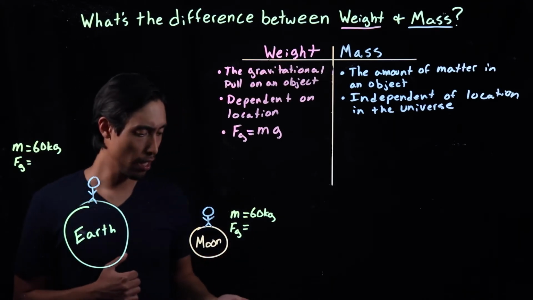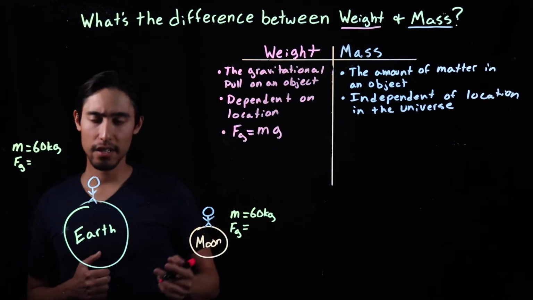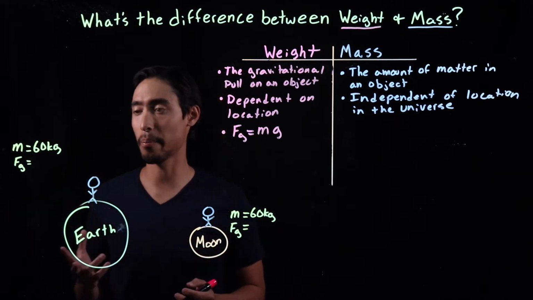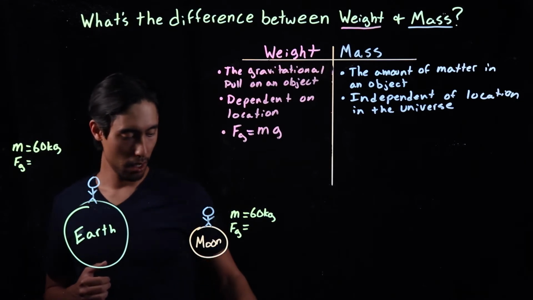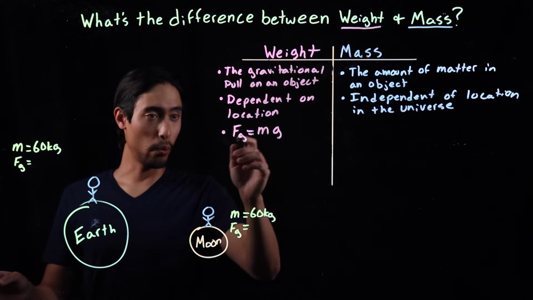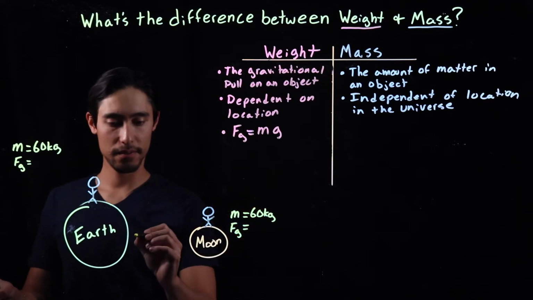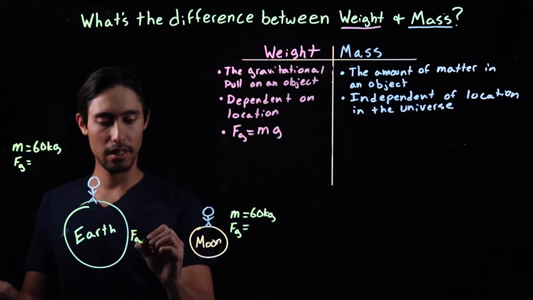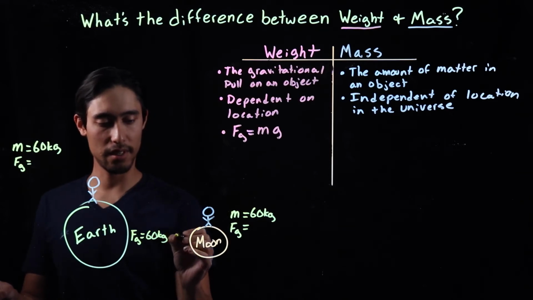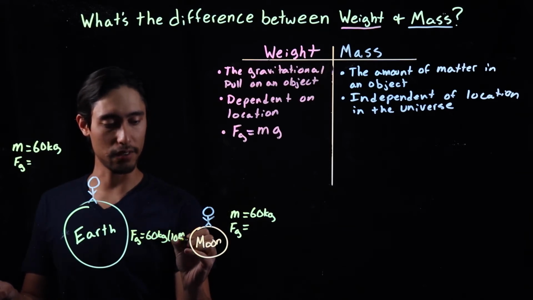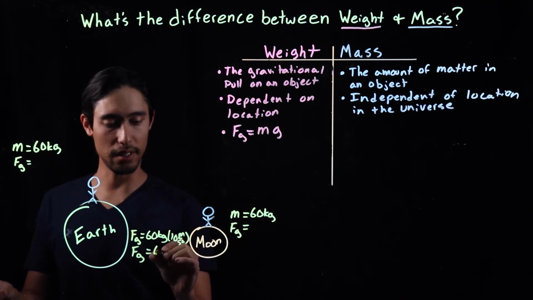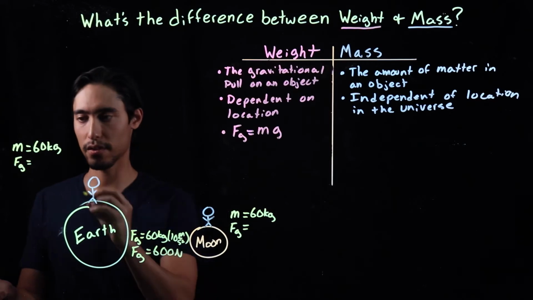Okay? And so let's calculate your weight here on Earth, and let's pretend that your mass is 60 kilograms. So the force of gravity, or weight, is mass, 60 kilograms, times 10 meters per second squared, so your weight is going to equal 600 newtons.